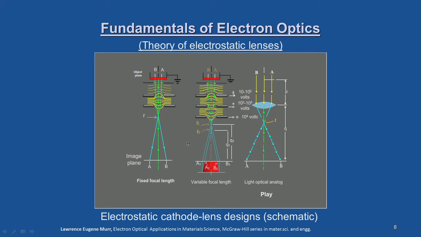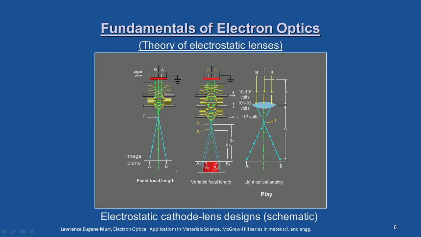What I am going to show in this schematic are some of the electrostatic lens designs for the cathode lens microscope, and what you are seeing are unipotential electrostatic lenses for a fixed focal length. In this schematic, it is clearly shown.